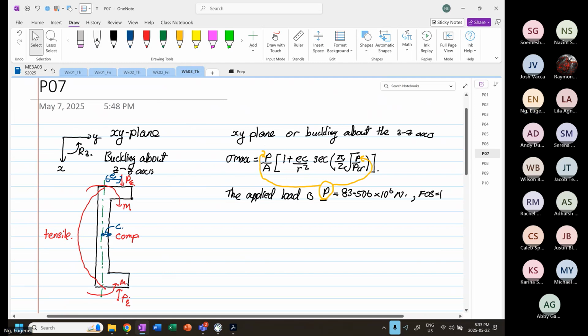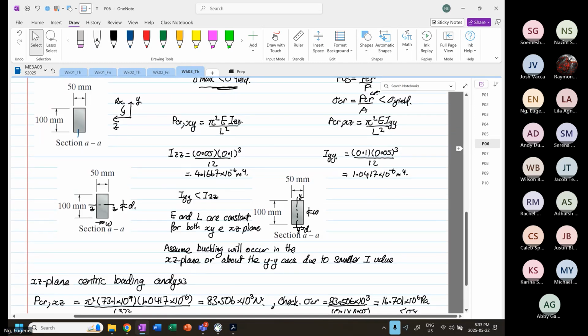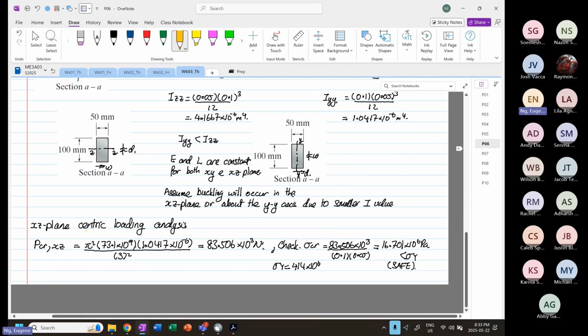We have calculated P for centric loading. Why do we take 83.506? Because we assume buckling will occur in the XZ plane first. It is the weaker plane.